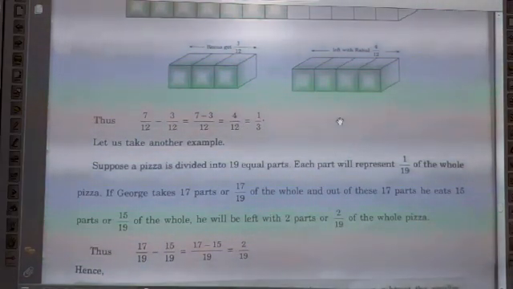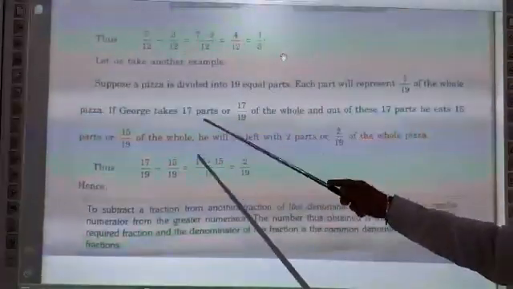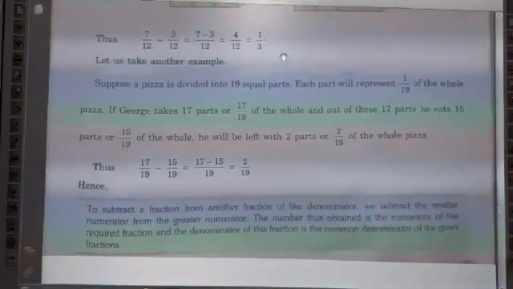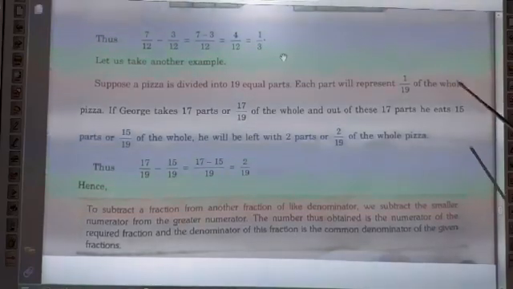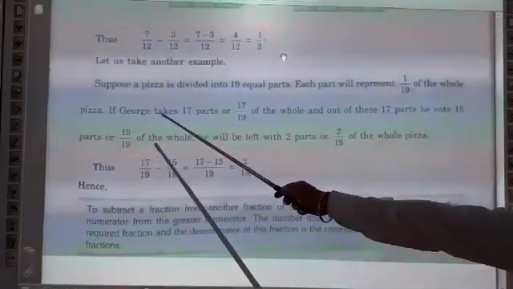Okay. Let us take another example. Suppose a pizza is divided into 19 equal parts. Each part will represent 1 upon 19 of the whole pizza.